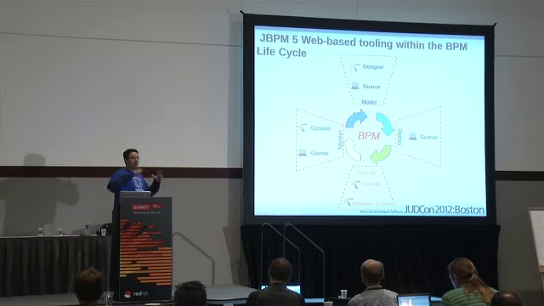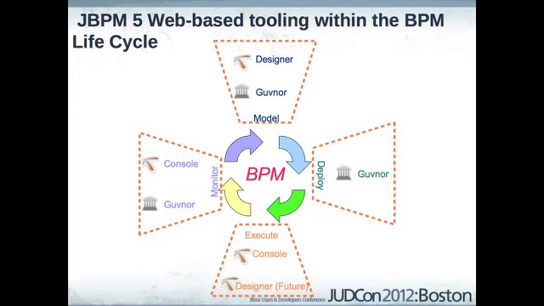So going back, now we looked at all the tooling. How does it tie back to this BPM life cycle? Well, as you can see, we pretty much cover the whole thing, at least this life cycle example here. For deployment, of course, with Drools Guvnor we have the ability to expose our knowledge assets as some grouping to client applications via HTTP.